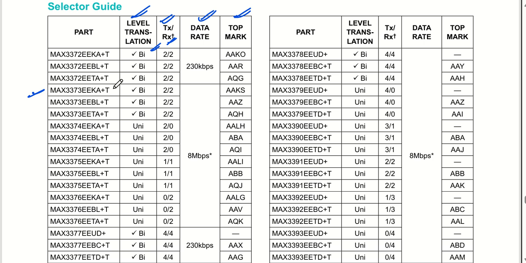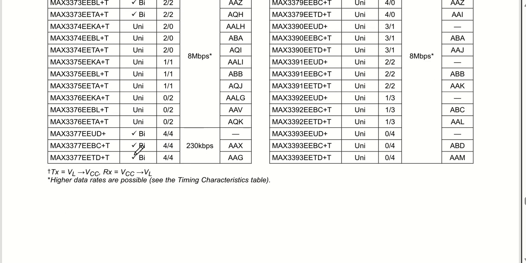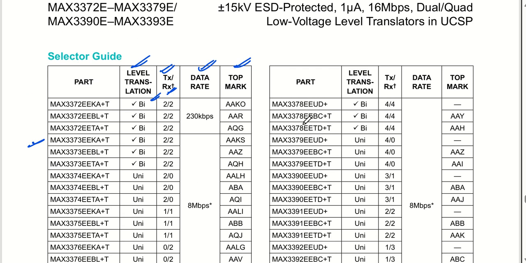This one you can use for your bidirectional purpose for 8 Mbps speed. Similar to that, we have a 230 Mbps speed 77, but we have used 78 because it is in the 8 Mbps series. So we have used EUD. Okay. So this is how we have used it.